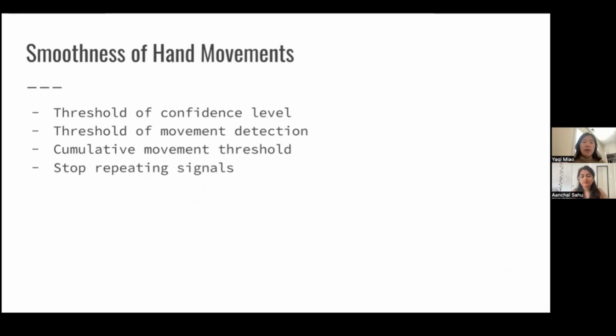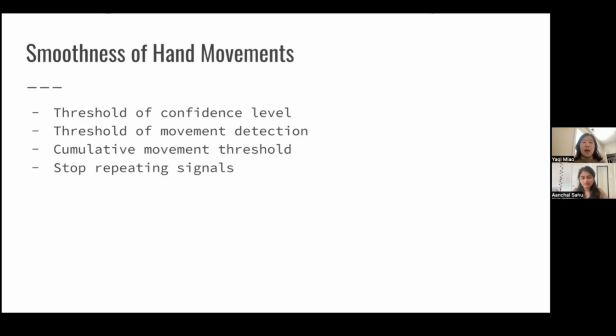And here are our strategies to solve the smoothness of hand movements. We have tried to set a threshold of confidence level for detecting the hand gestures. We have also set a threshold of the movement detection so that it can have fewer false positive detections.